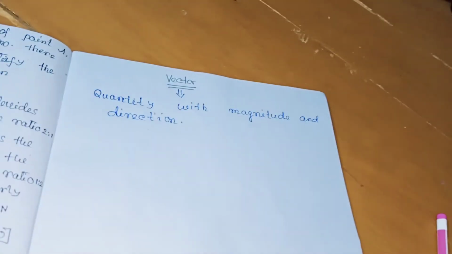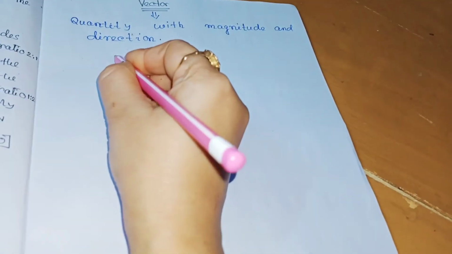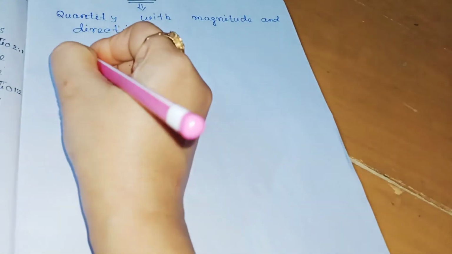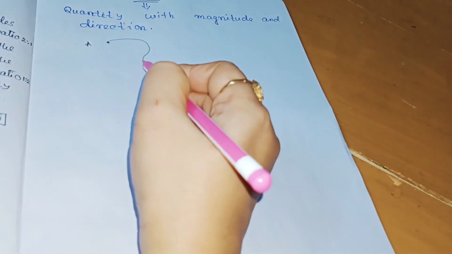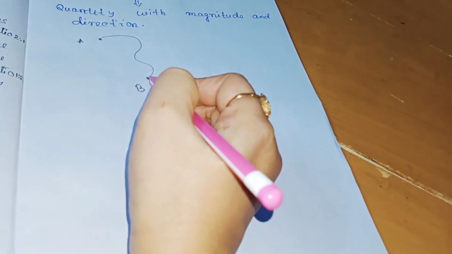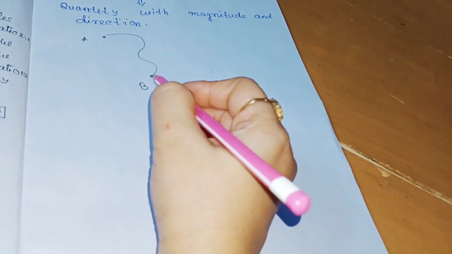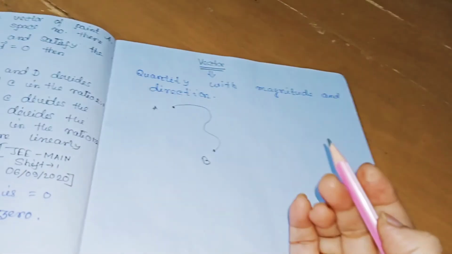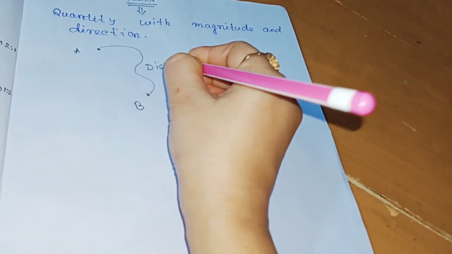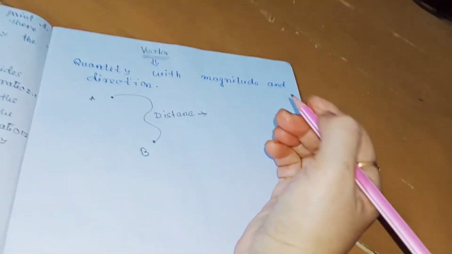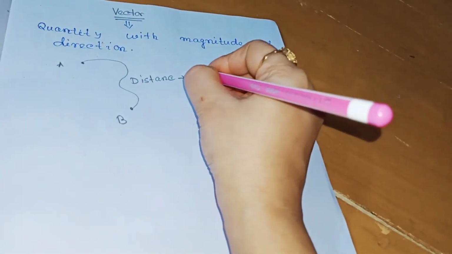So just draw this, as it is the point A and it is the point B. If this is the path where something reaches from A to B, this is the path, let's suppose. So it is the distance here, and we also know distance is a scalar property.